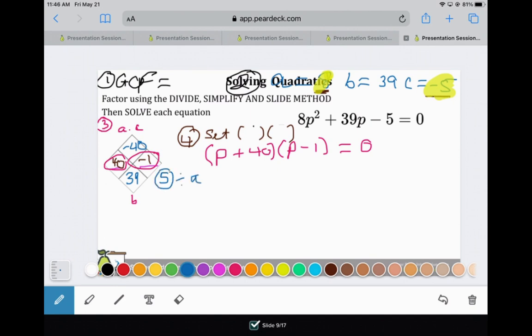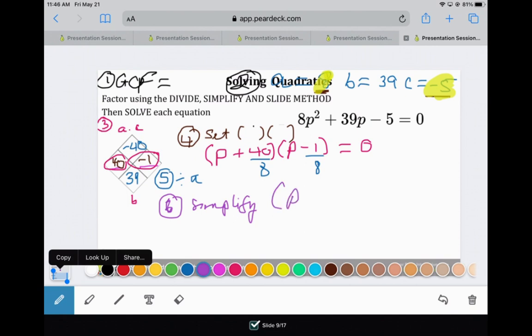Step 5, divide by A. So I'm dividing 40 by the A value, which is 8. Step 6, I need to simplify. 40 divided by 8 gives me 5. 1 divided by 8 is not going to give me a nice number, so I can just keep that as 1 over 8.